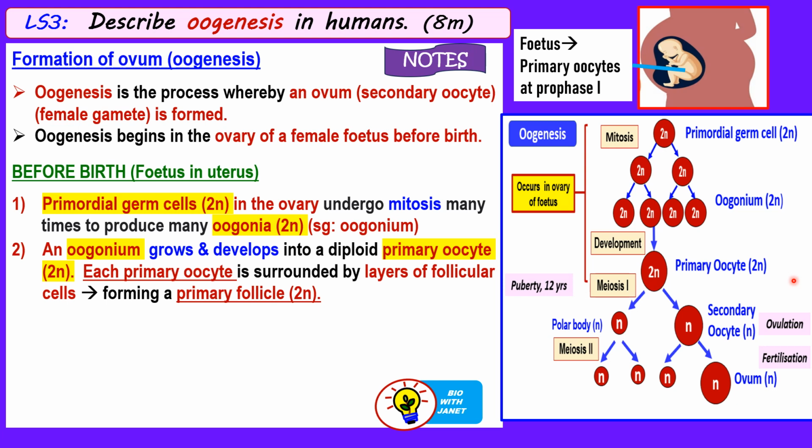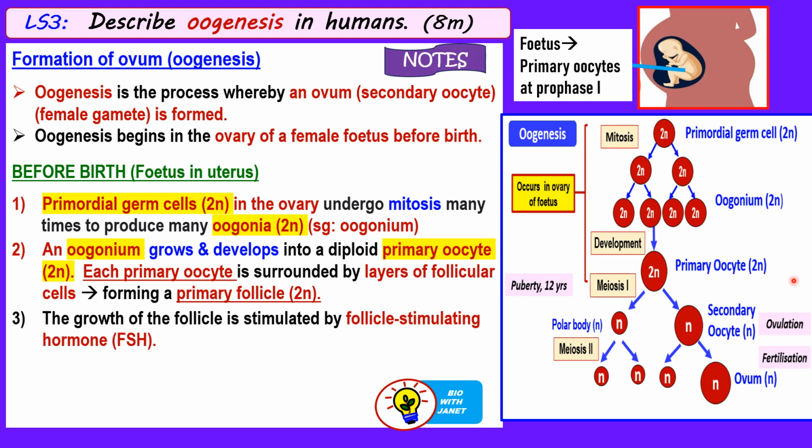Each primary oocyte is surrounded by layers of follicular cells to form a primary follicle, which we will discuss later, right, in the next section. Number 3, the growth of the follicle is stimulated by the follicle stimulating hormone. So this hormone is produced by the fetus right from the start, right?